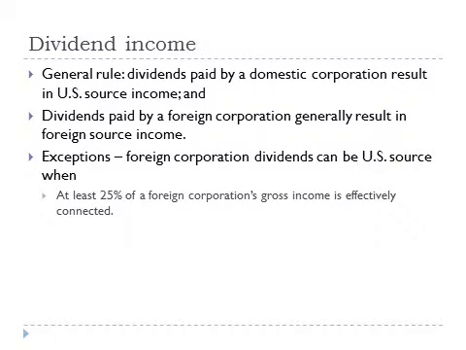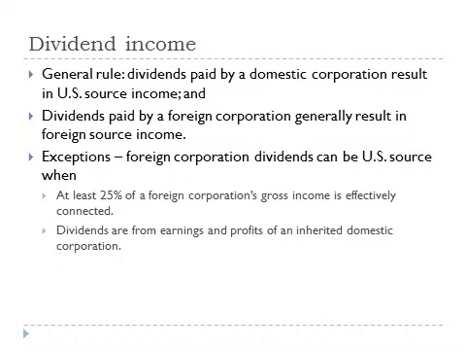As an exception, dividends from a foreign corporation can be U.S. source if at least 25% of the company's gross income is effectively connected. This rule is explained later in this lecture. Dividends from a foreign corporation are U.S. source if they are distributed from the earnings and profits of an inherited domestic corporation.